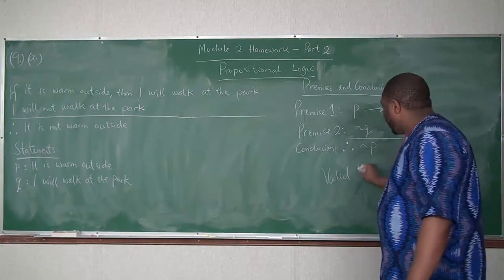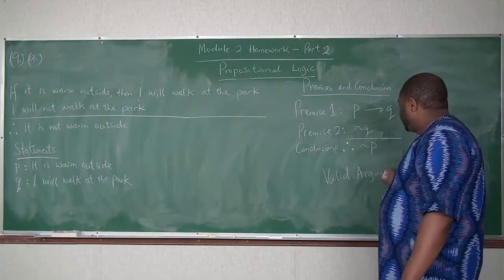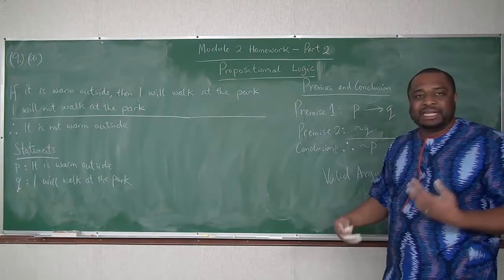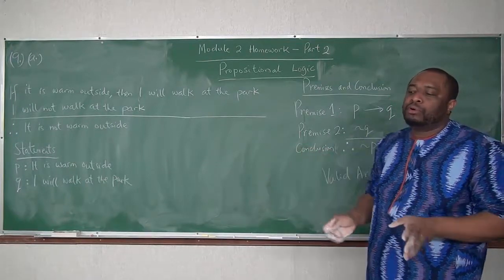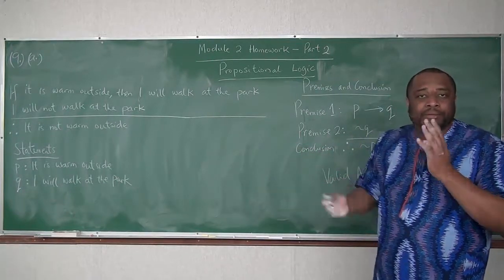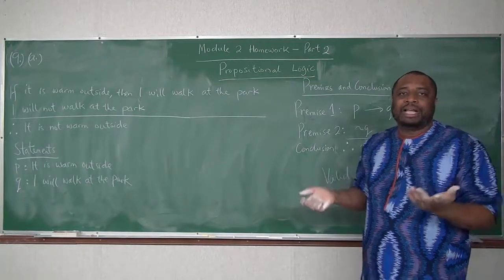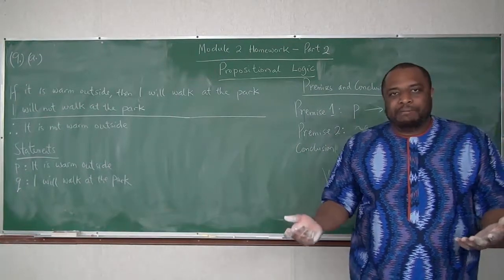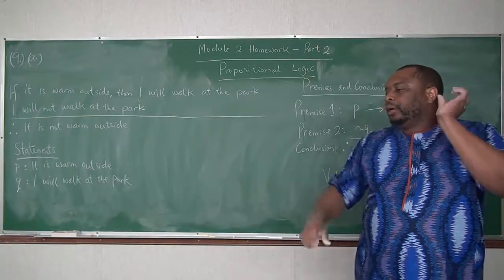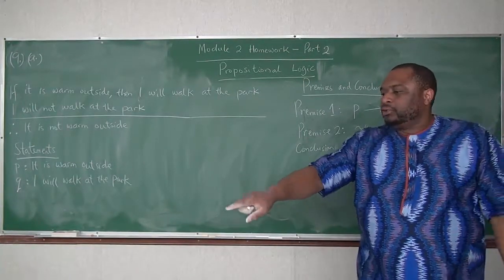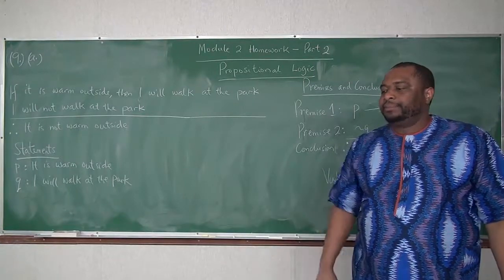But you have to state the reason. Indeed, we have two more to go. So I will show you other methods, because you asked me, what if it is not a standard form of valid argument or invalid argument? We shall do that in the two questions following it.